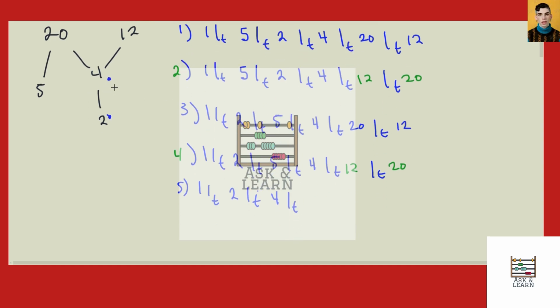Now we could go to 5 or we could go to 12. Let's go to 12 first. But then we could also go to 5 after this. And that just leaves us with 20.